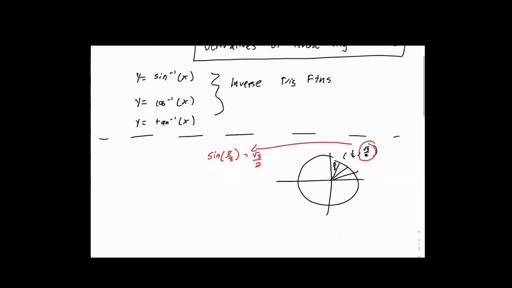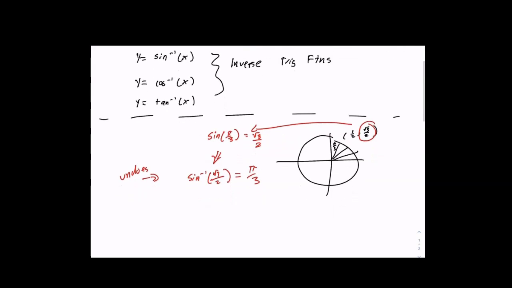Well, the inverse sine of square root of 3 over 2 would therefore be pi over 3. So it kind of undoes the function, and it goes backwards.